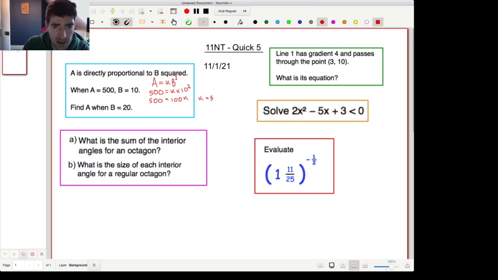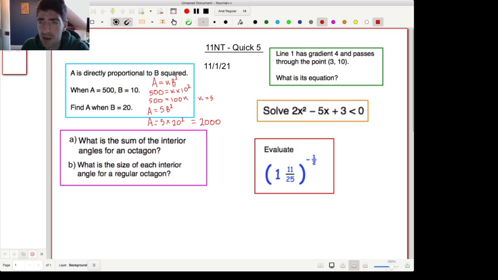So therefore A equals 5B squared. So find A when B is 20. Well, A is going to be 5 times 20 squared. 20 squared is 400. 5 times 400 is 2000.